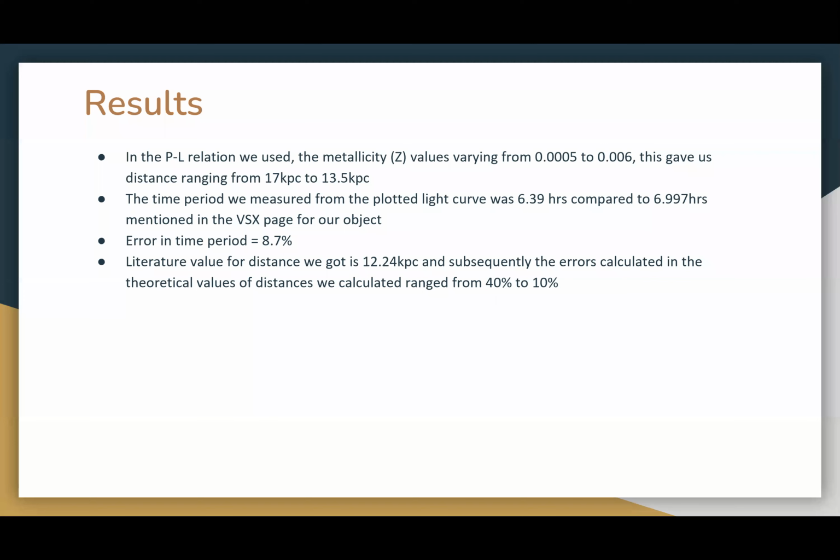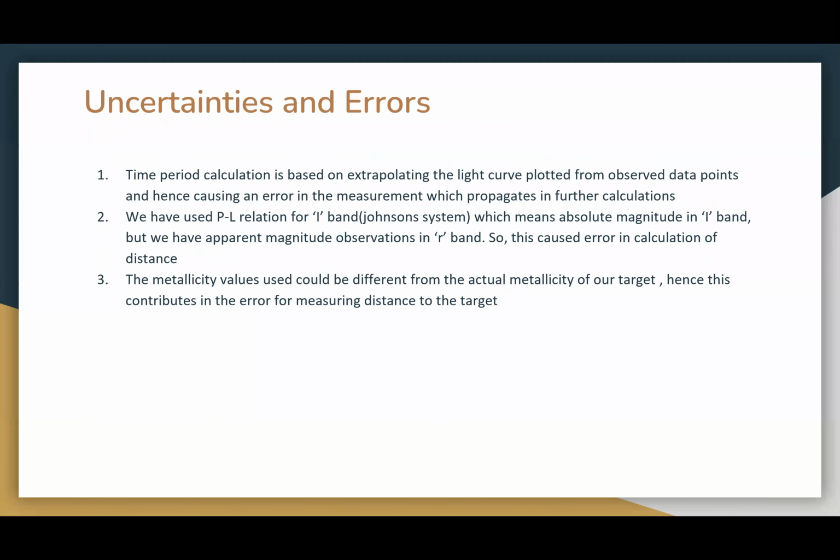Next slide, Yashwant. So, the uncertainties and why there are errors. In the time period calculation, we extrapolated the light curve to calculate the time period. This caused an error in the measurement, which propagated in the further calculation. Also, the PL relation we used was for I band, and the absolute and apparent magnitude observations were in the R wavelength band.